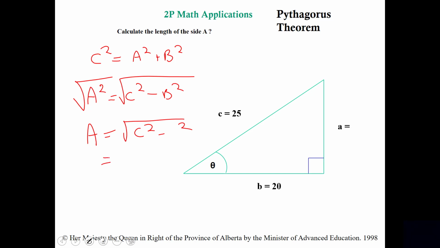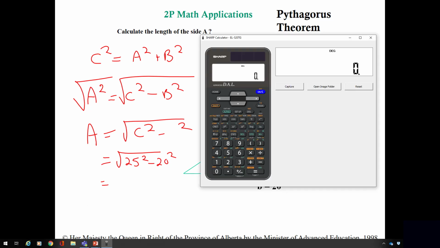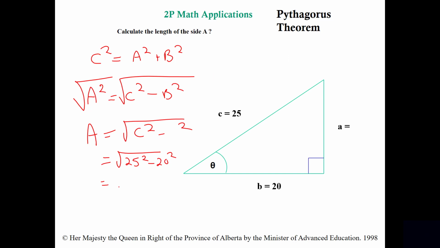Our C is 25, so square root of 25 squared minus 20 squared. Square root, bracket, 25 squared subtract 20 squared, and bracket equals 15. There you go.